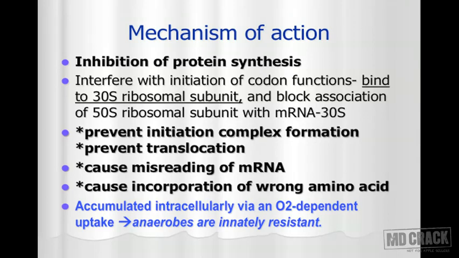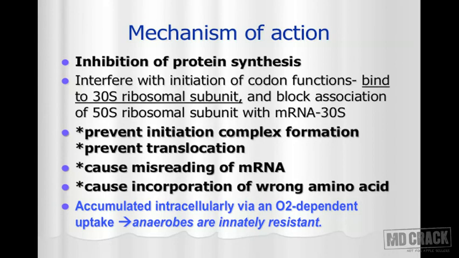A very important fact on this slide: they are accumulated intracellularly, which means the bacterial cell takes them inside via an oxygen-dependent uptake. Only those organisms that have this oxygen-dependent uptake will be able to take the aminoglycoside inside.